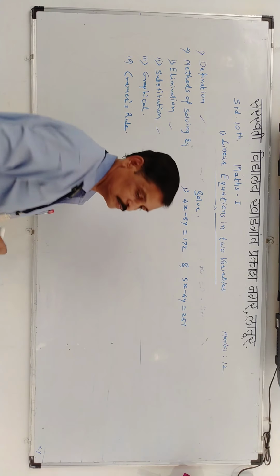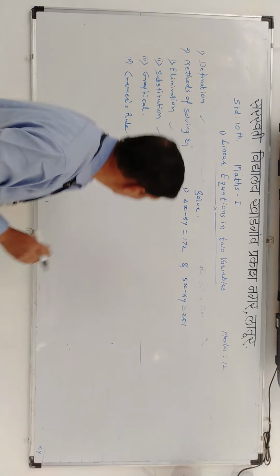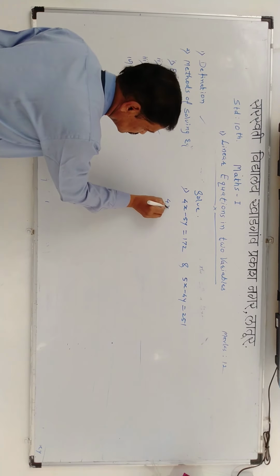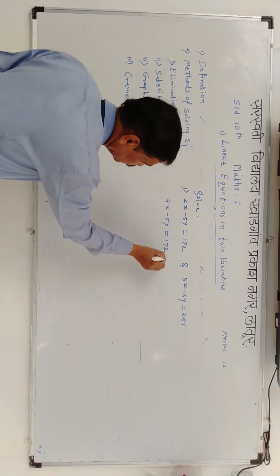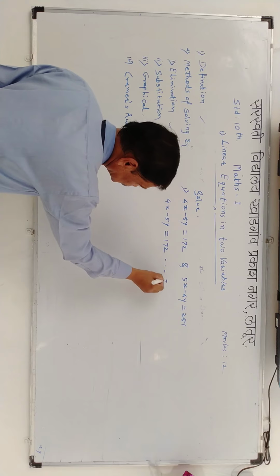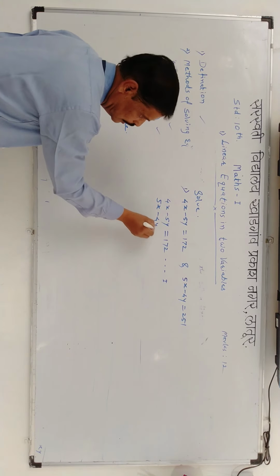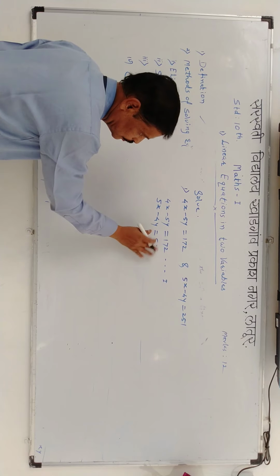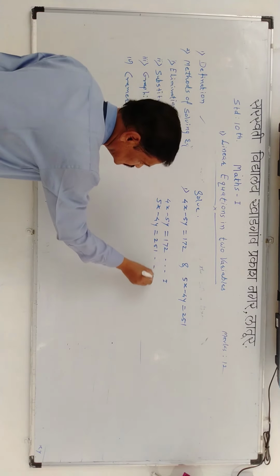Suppose that 4x minus 5y is equal to 172 is the first equation. Now 5x minus 4y is equal to 251. This is the second equation.